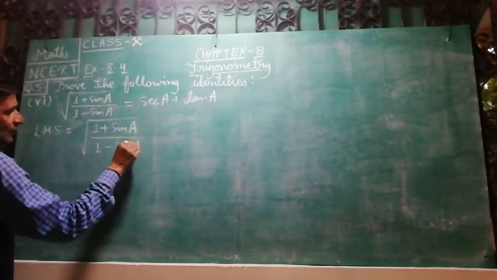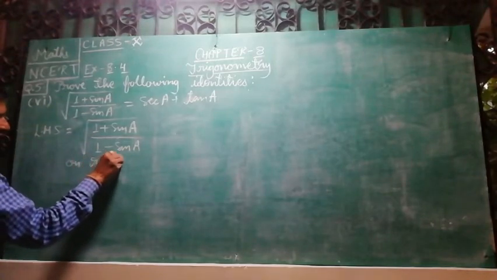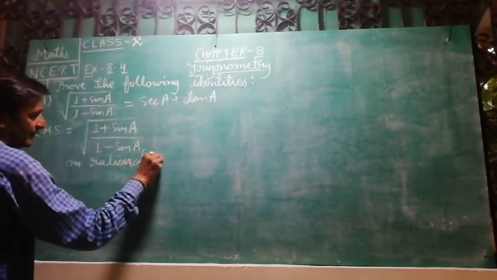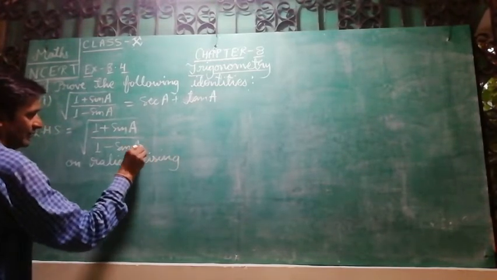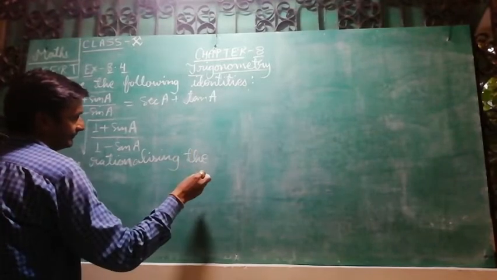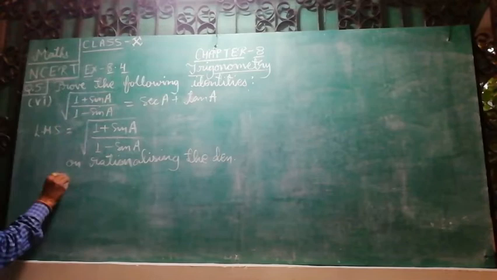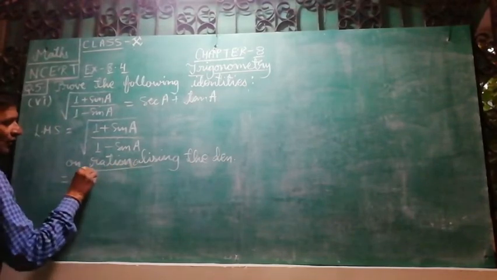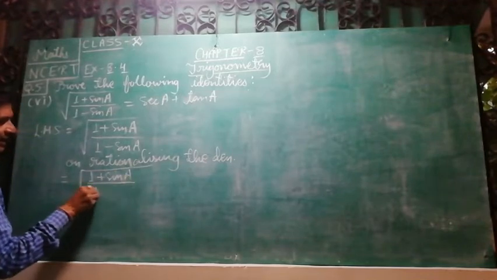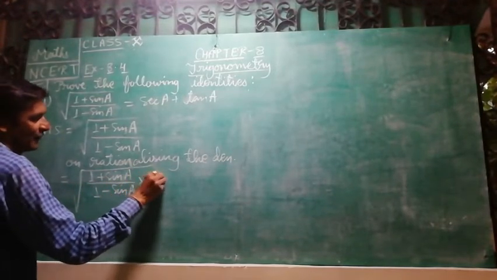So on rationalizing the denominator, what will we get? We will get root of 1 plus sin a upon 1 minus sin a into 1 plus sin a upon 1 plus sin a.